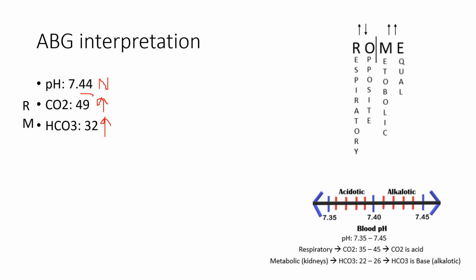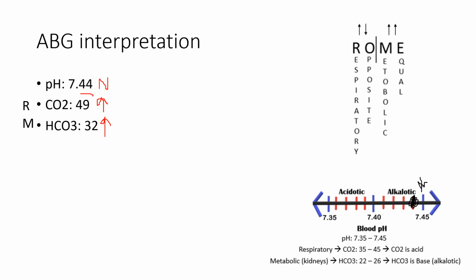So now I'm going to come over to my number line and I want to plot it because I want to figure out where we're at. So if this blue line on the right here is 7.45, 7.44 is like right here.